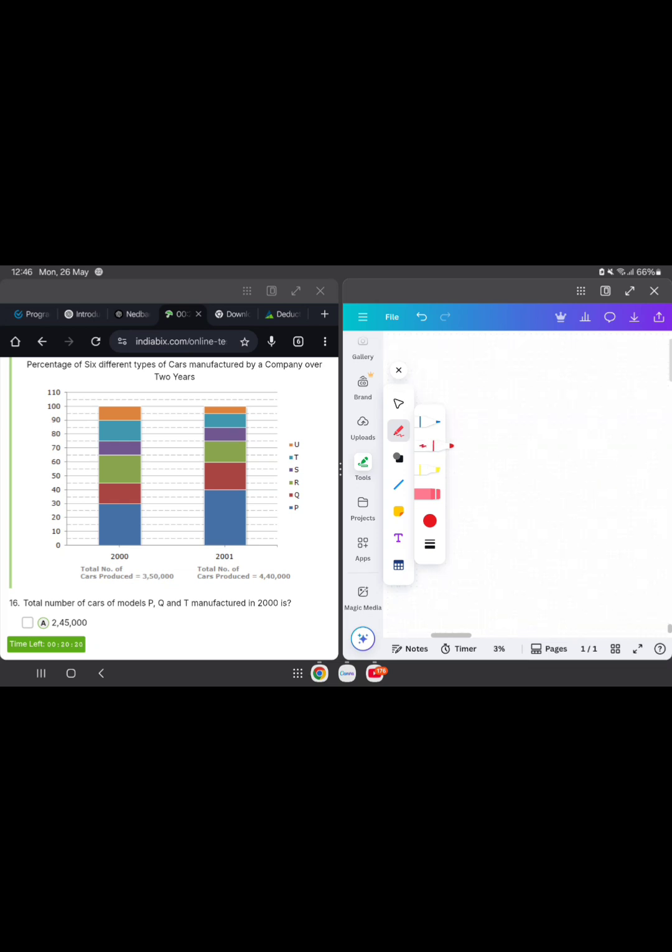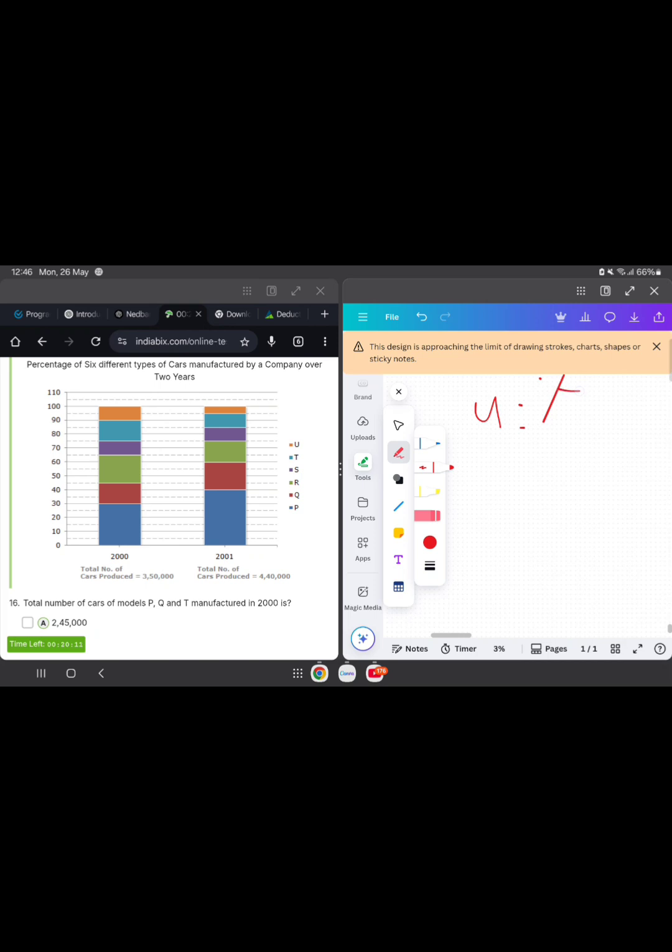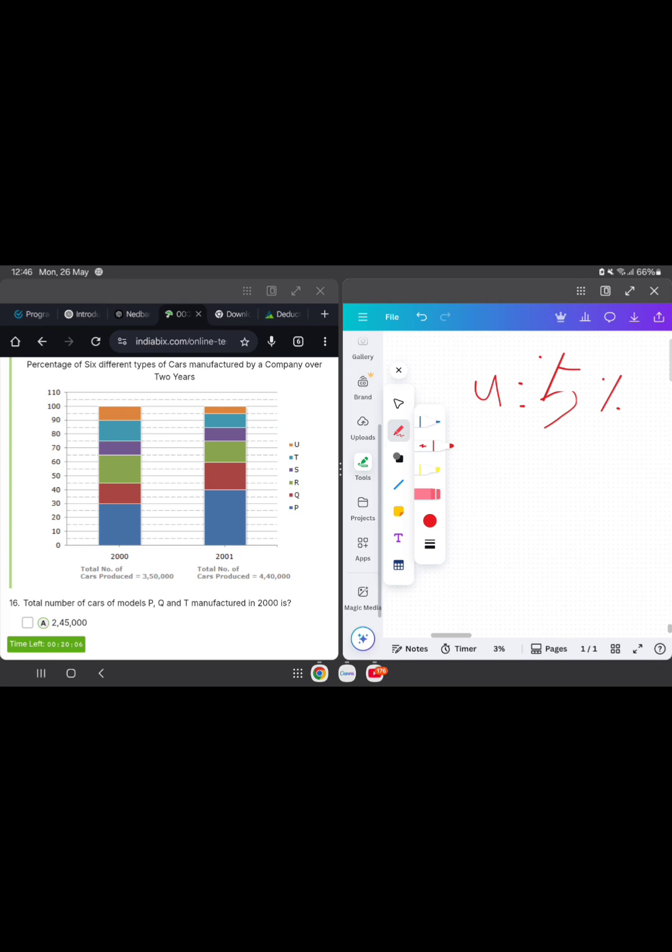Let's see, for U it moved from 10% to 5%, so the percentage change is 5%. For T, it moved from 15% to 10%, the change is also 5%. And for S, it's from 10% to 10%, so no change, 0.